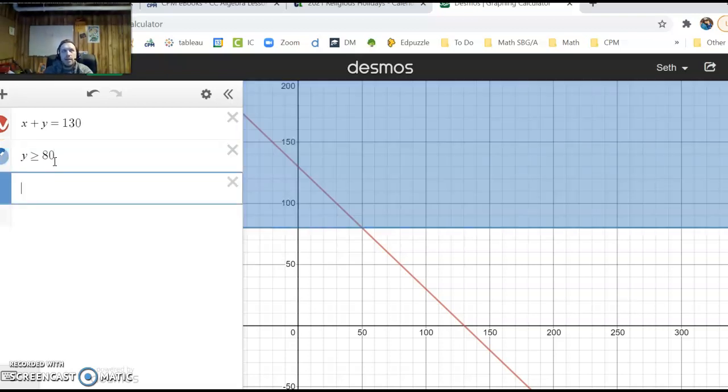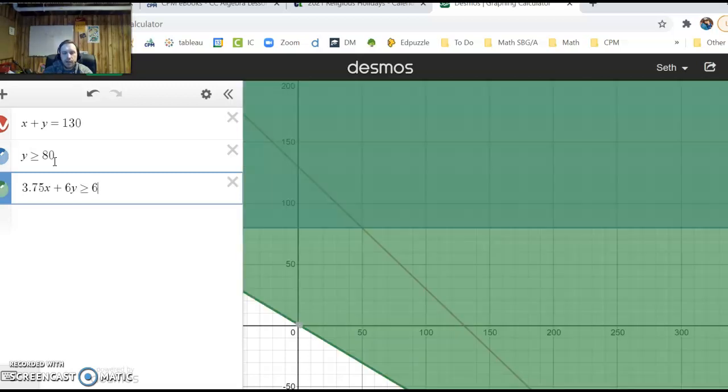Enter. And then we know that our cost was $3.75 for every taco plus $6 for every burrito. Needs to be greater than or equal to $600.